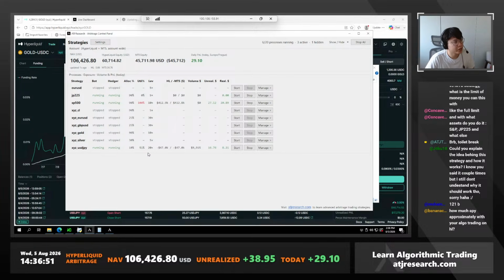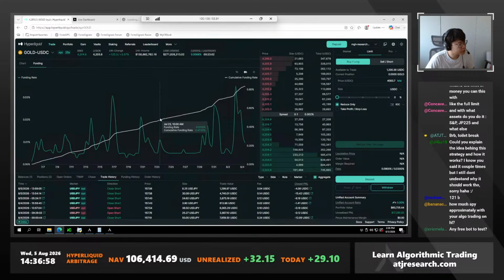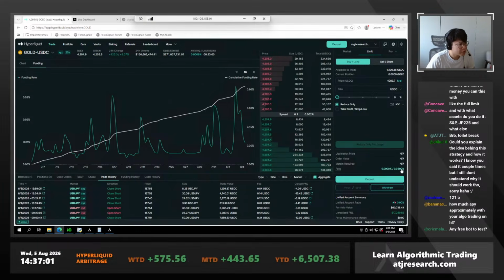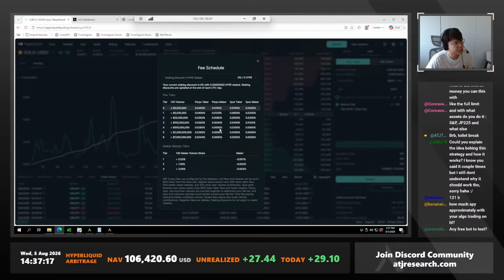So with more capital, it's more about optimizing where you put the money. Right now, I'm trading a medium frequency strategy where I still pay high maker fees. If I had $1 million, I would trade more frequently and have zero maker fees, because once you reach $500 million in 14-day volume, you pay zero maker fees.